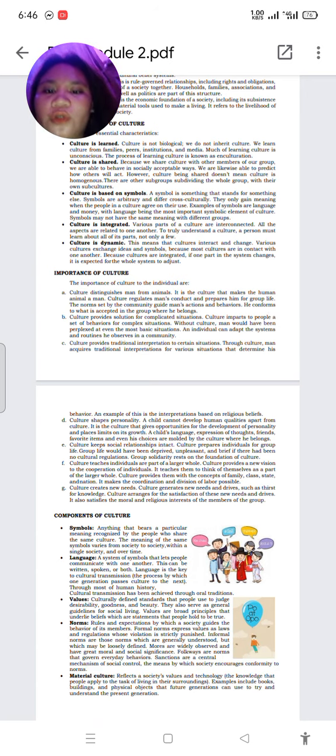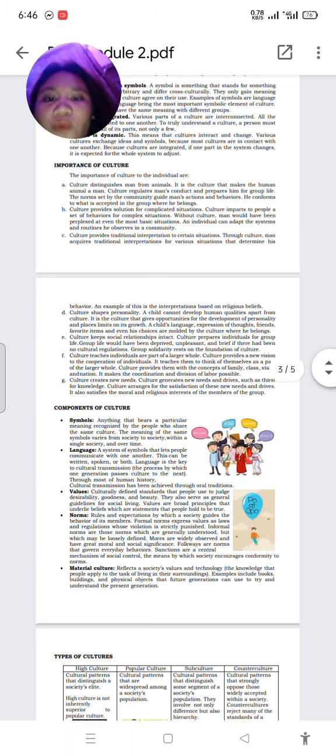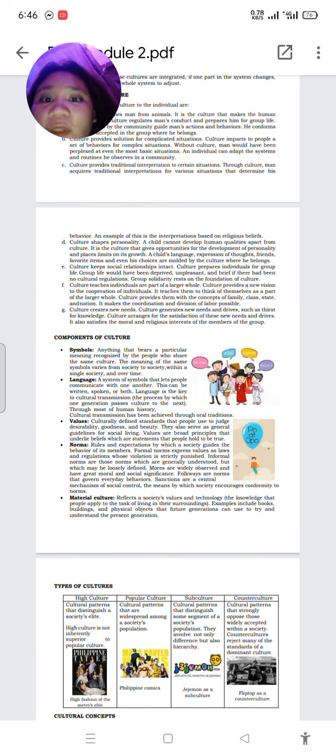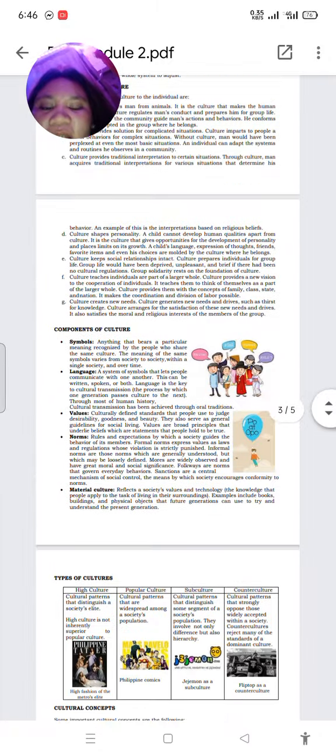Culture distinguishes man from animals. Culture provides solutions for complicated situations. Culture provides traditional interpretation to a certain situation. Culture shapes personality. Culture keeps social relationships intact. Culture teaches the individual to be a part of a larger whole. Culture creates new needs. So that is the importance.